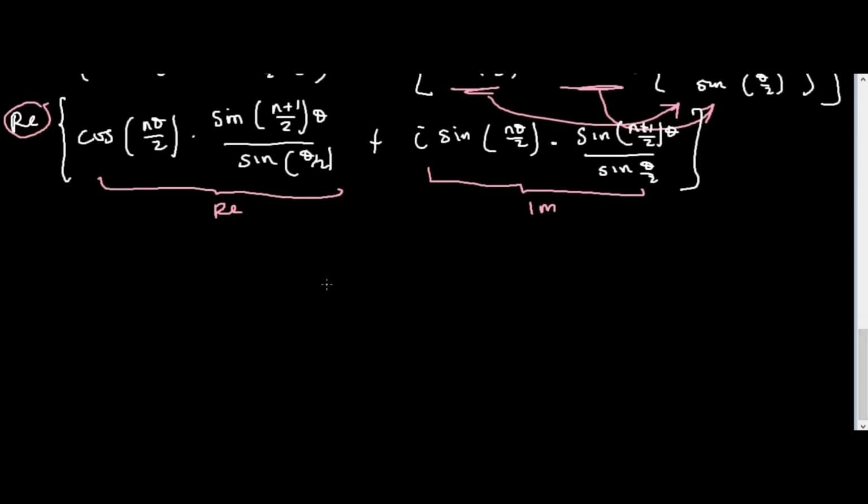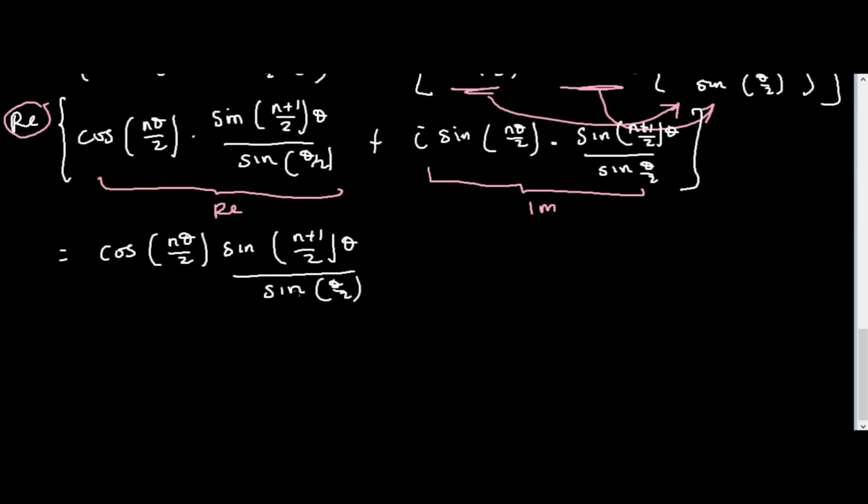So I'll just focus on that, and I won't need to be writing r again. The series that we are working with is actually cos of n theta over 2 times sine of (n plus 1) over 2 theta, over sine theta over 2.